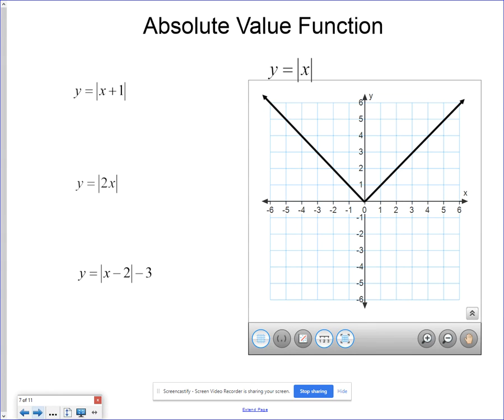Let's do the absolute value ones next. So again, what I have over to the right is the parent graph, y equals the absolute value of x. Let's see what happens when I add a +1 inside that absolute value. If I graph this, here's what the graph of that equation would look like.